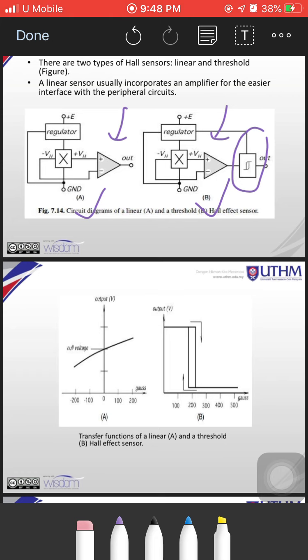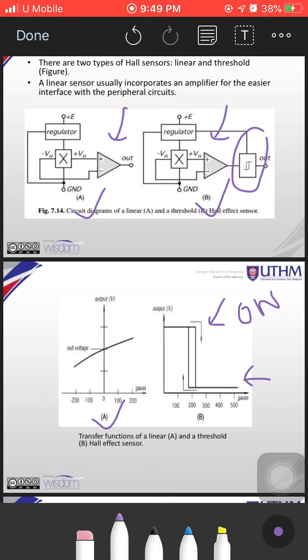For linear, the output is mostly like this figure, where the output voltage will be directly proportional to the input. But for threshold, there are two states, which is they have an on state, usually in on condition, and another one, they have an off state, which is in condition off.